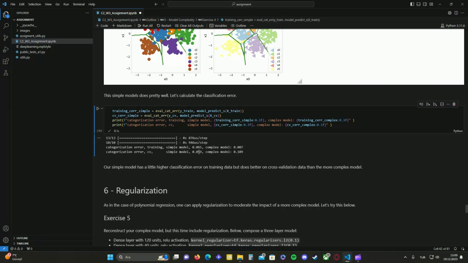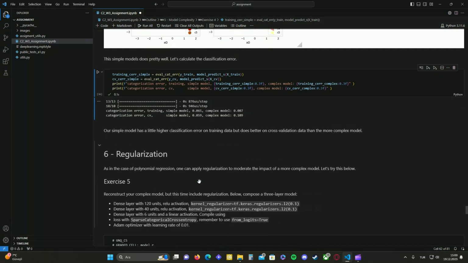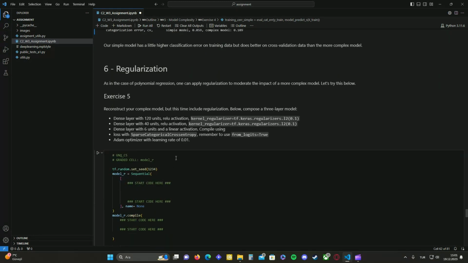In the simple model 0.059 and the complex model 0.109. Our simple model has a little higher classification error on training data but does better on cross-validation data than the more complex model. Here is the regularization exercise.